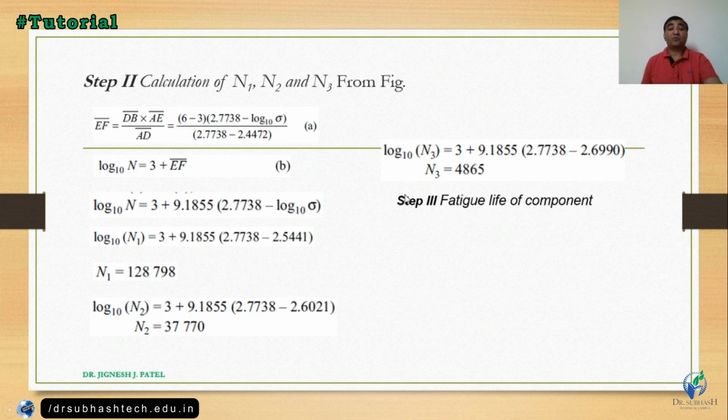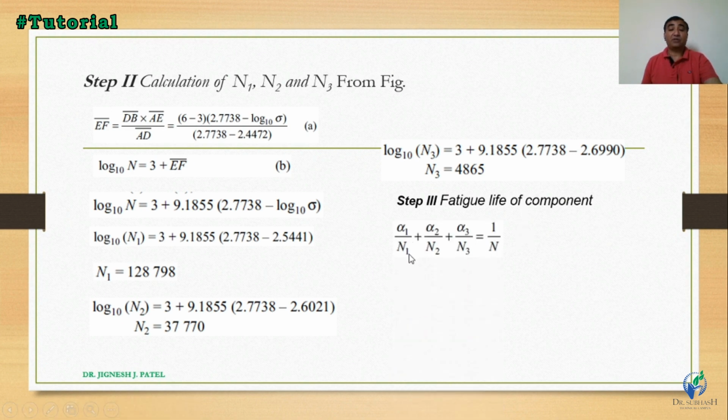Now step 3 is to find out the fatigue life of the component. That means we have to find the value of N with the help of Miner's rule. So alpha 1 upon n1 plus alpha 2 upon n2 plus alpha 3 upon n3 is equal to 1 by N. Now put the values of n1, n2, n3 and alpha 1, alpha 2, alpha 3 in this equation: 0.85 upon 1,28,798 plus alpha 2, 0.12, upon n2, 37,770, plus alpha 3, 0.03, upon n3, 4,865.